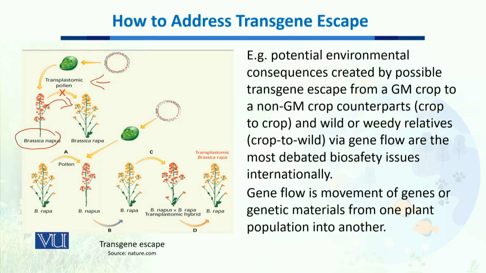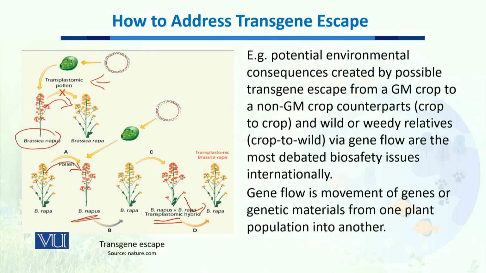Now, if the pollen of another Brassica rapa is transferred to this hybrid of Brassica napus and Brassica rapa, as you can see here, the cross is between Brassica rapa, which is not a transgenic plant, and Brassica napus, which is a transgenic plant.